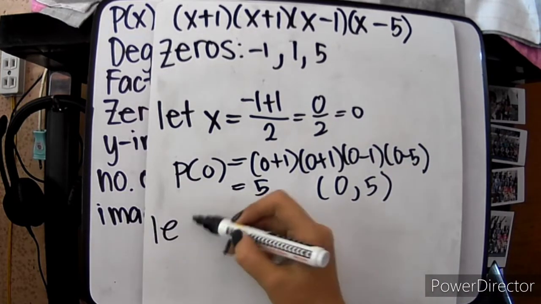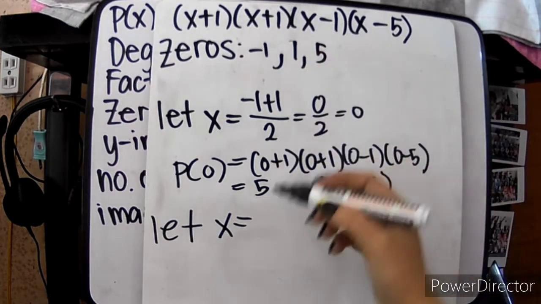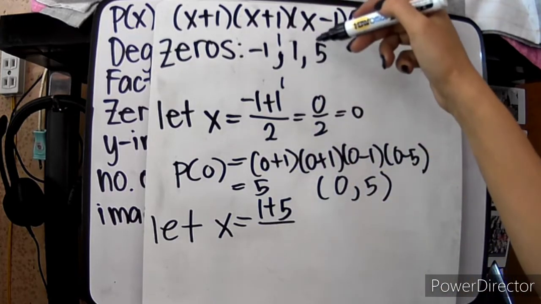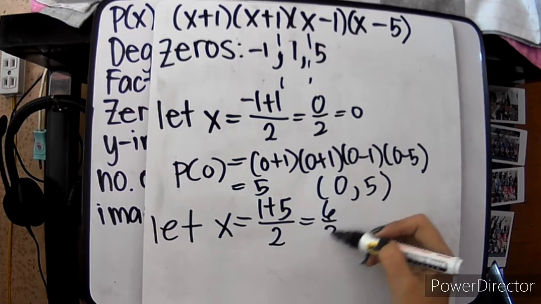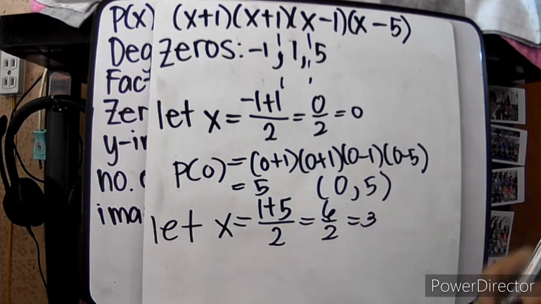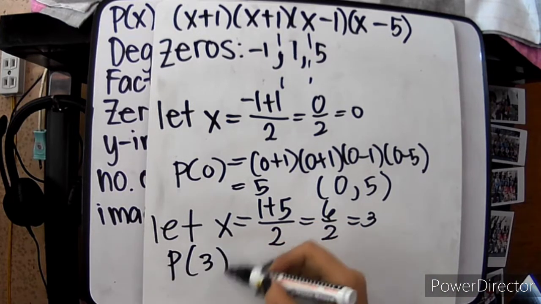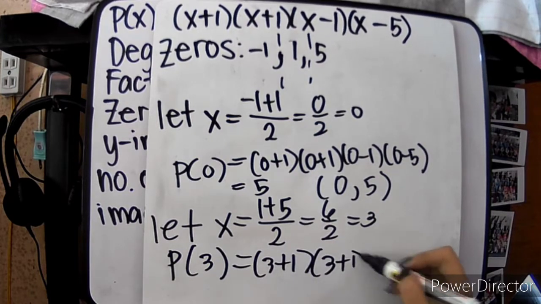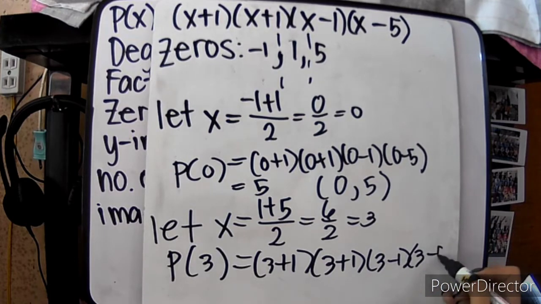And then, again, that x is 1 plus 5. Nakuha na natin yung nasa gitna nito, yung nasa gitna naman nito. Divide 2 is 6 over 2, so that is 3. So, let's substitute P of 3. So, 3 plus 1, 3 plus 1, 3 minus 1, and 3 minus 5.